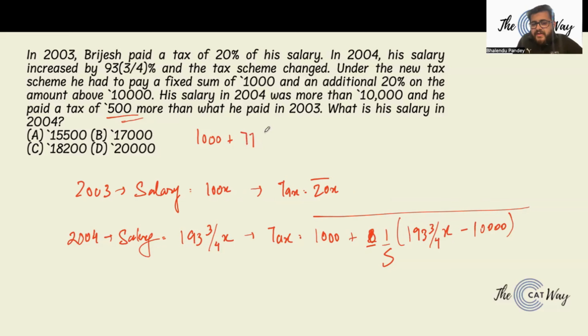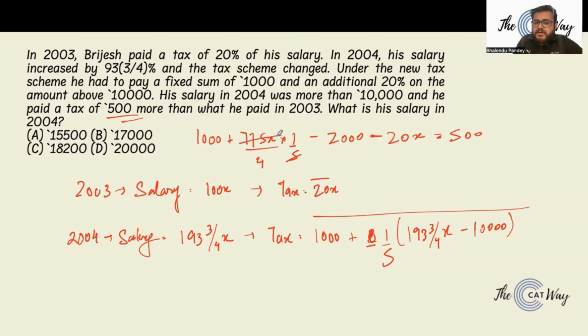So 775x by 4 multiplied by 1 by 5, minus 20% of 10,000, that is 2,000. And from this, if you remove the previous year's tax, that is 20x, you get a difference of 500. Correct? So 1000 minus 2000 is minus 1000. Minus 1000 goes over there in addition, it becomes 1500.